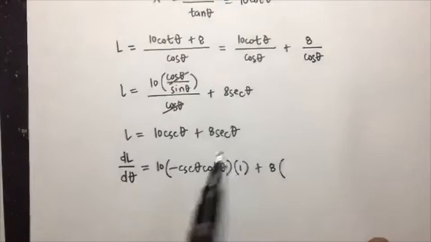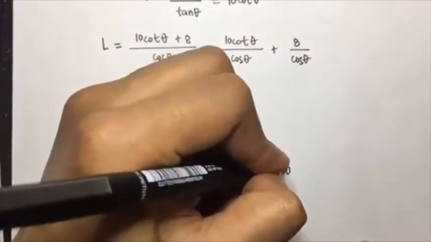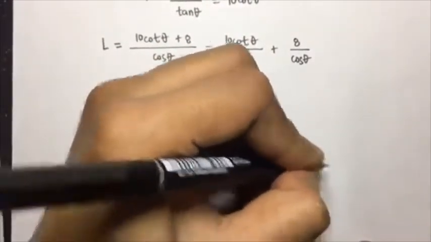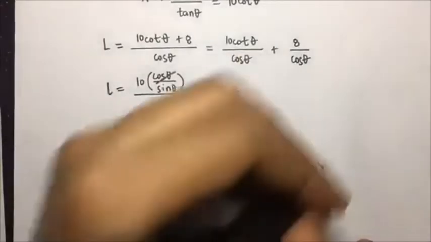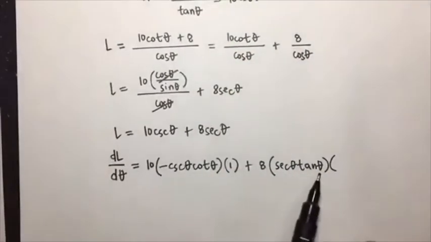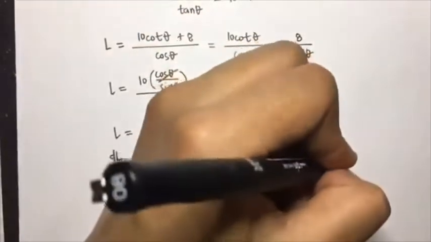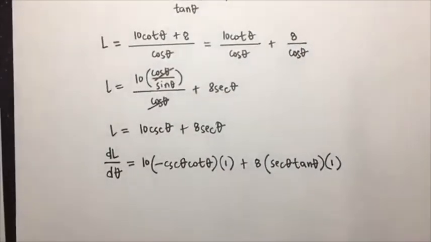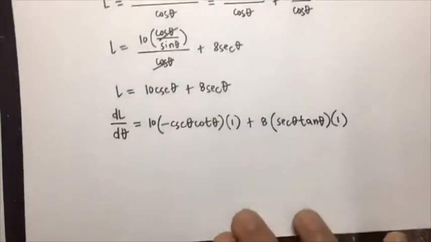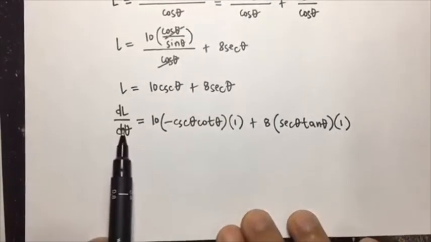Derivative of secant theta is secant theta tangent theta, and then derivative of theta with respect to theta, that is 1. Okay, so to maximize or minimize, we must set the derivative to 0.